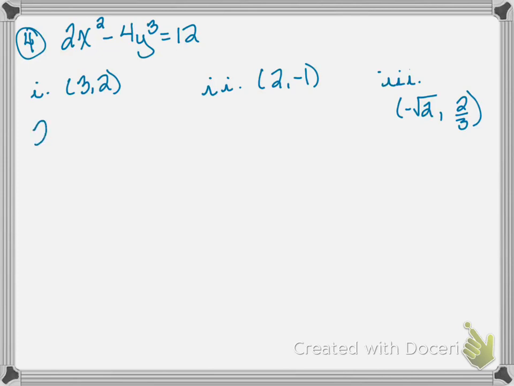So I have 2, 3 squared. Okay, and actually I want to rewrite that because the squared goes outside the parentheses. I know that that seems like there's no difference, but there actually is a difference.